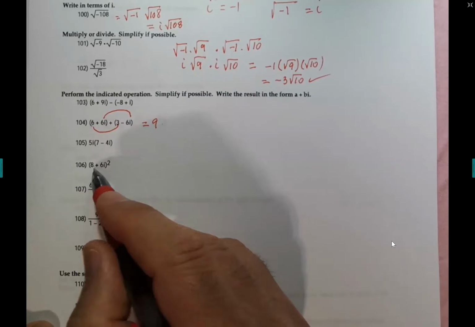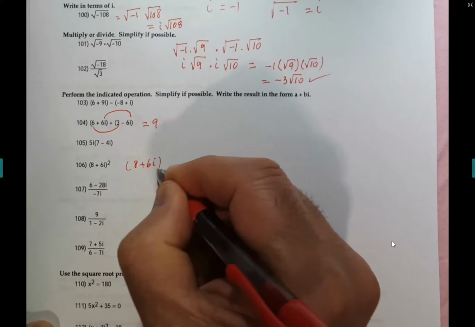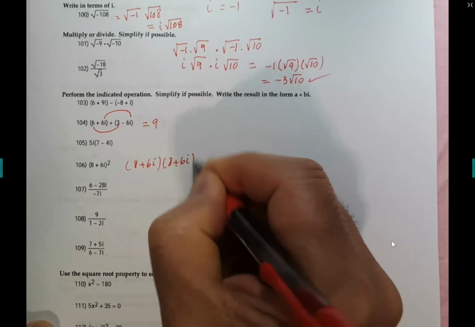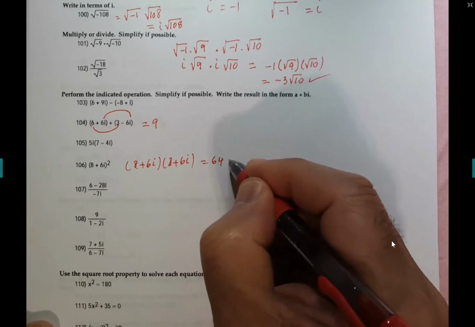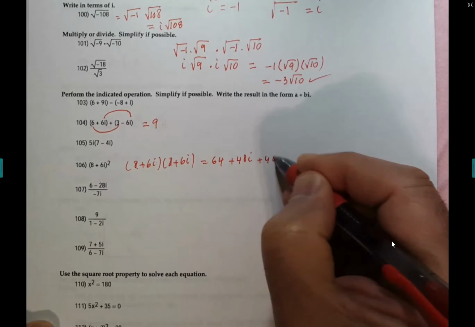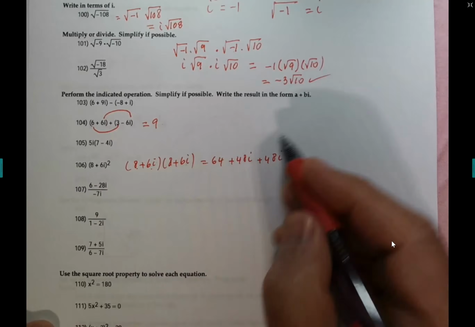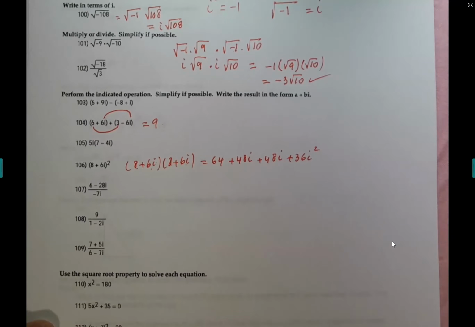How do you multiply? Just multiply 8 plus 6i times 8 plus 6i. So that should give you like 64 plus 48i plus 48i. And 6i times 6i is 36i squared. Don't forget that i squared is -1.